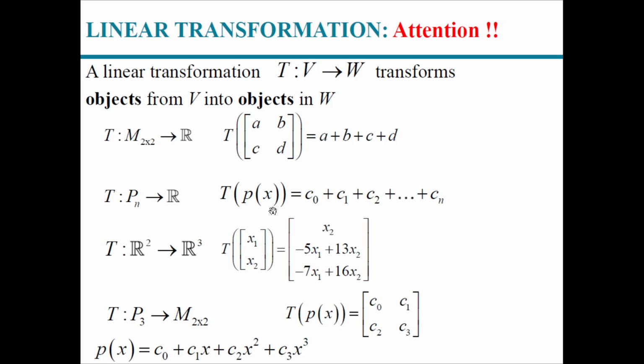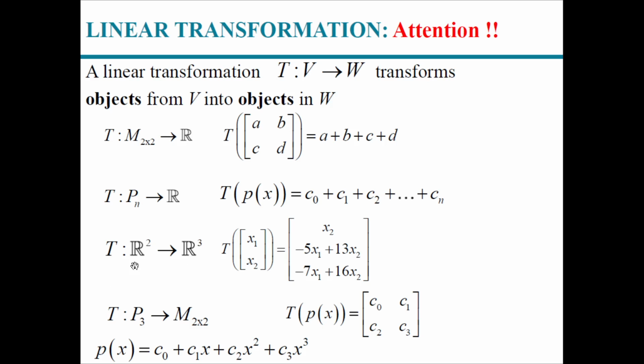For instance, this linear transformation will simply add the coefficients of a polynomial of degree n. So it takes as input a polynomial of degree n, and as output you get another object, which is a real number. So you have one type of object as input and another type of object as output.